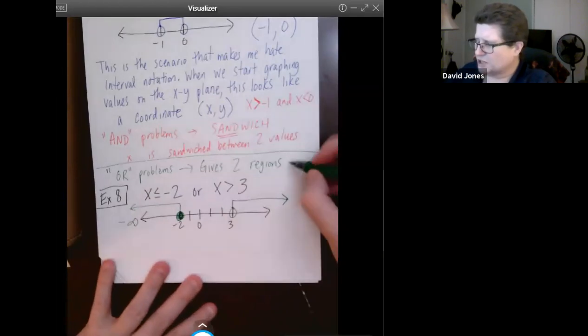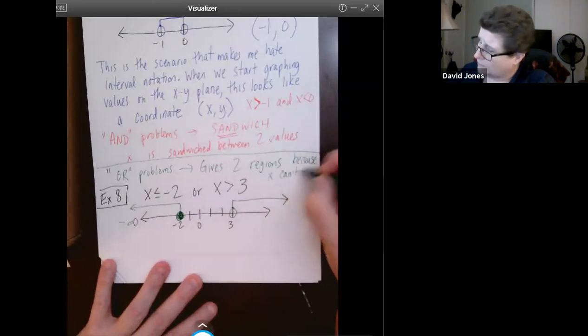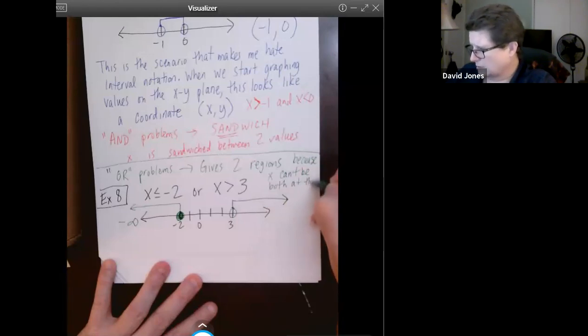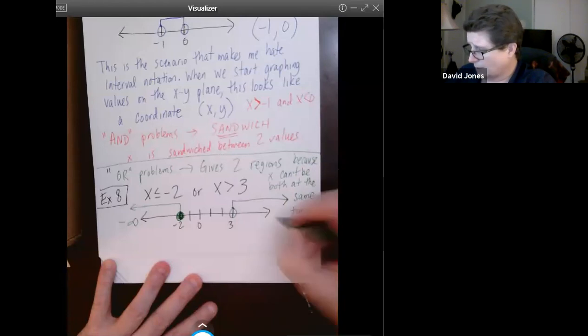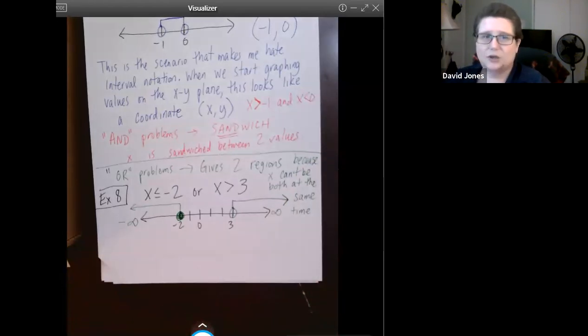It gives 2 regions because X can't be both at the same time. You've got positive infinity over here. It's either less than -2 or it's greater than 3.